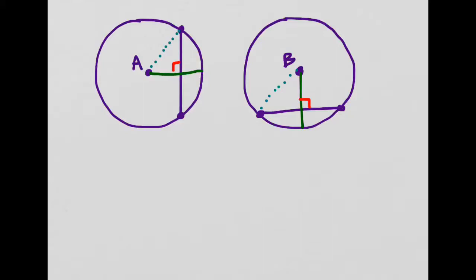Let's turn this into some real talk. If these two circles, circle A and circle B, are congruent to each other, then we also need some letters here. Let's call this C, D, and E, F. If we know that CD is congruent to EF, then we can say that our distance is also going to be the same.